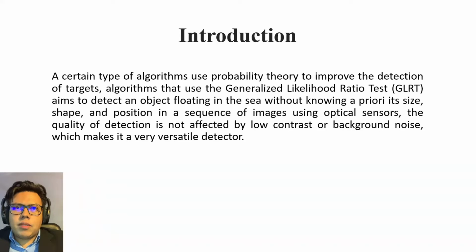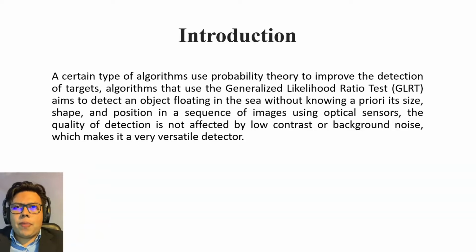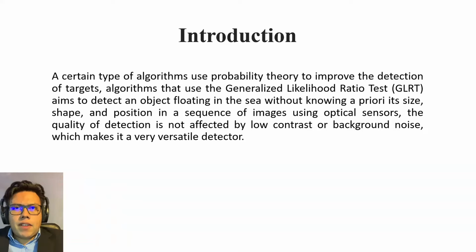This algorithm aims to detect an object floating on the sea surface without knowing its size, shape, or position, and uses a sequence of images. But detection is not affected by low contrast, which is good, and makes it a very versatile detector.